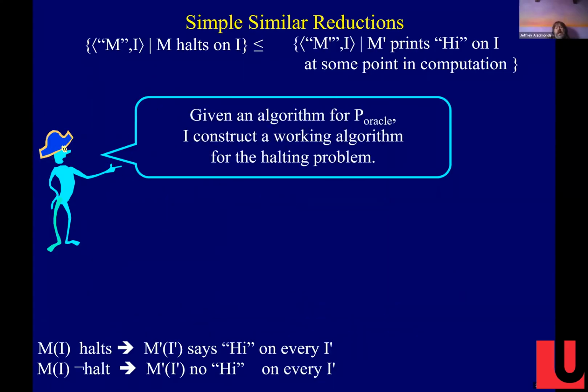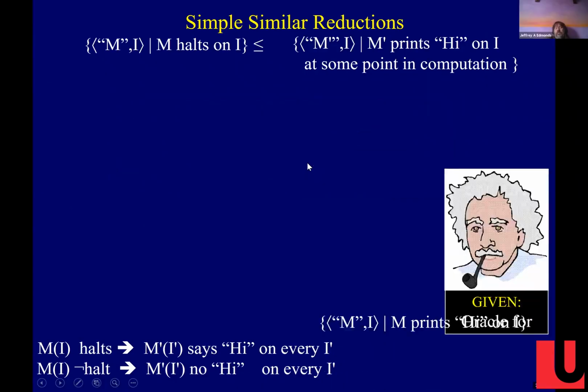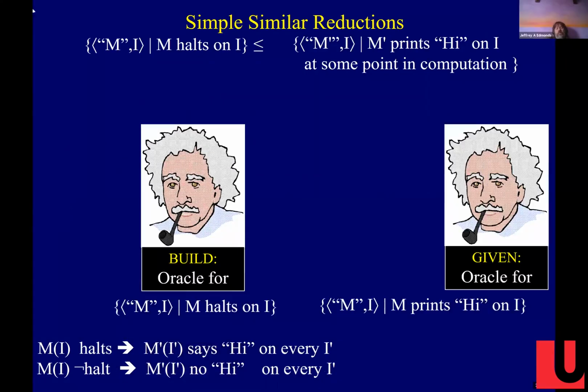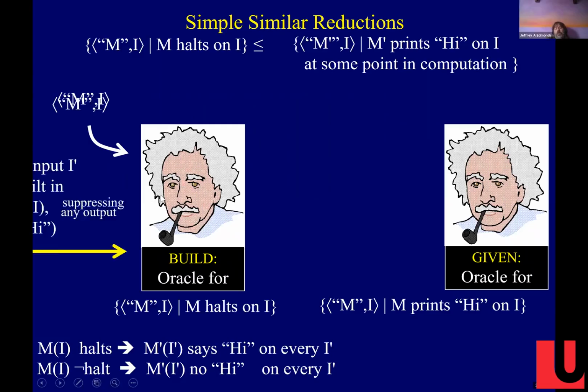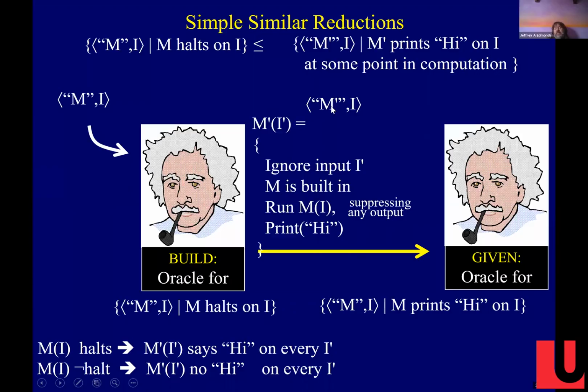So now we are going to build our reduction. We're given an oracle that solves the hi problem, and we want to design an oracle that solves the halting problem. It's the same as we did before. We're given an M and an I, and we want to know, does it halt? So we build M prime and give the oracle M prime.